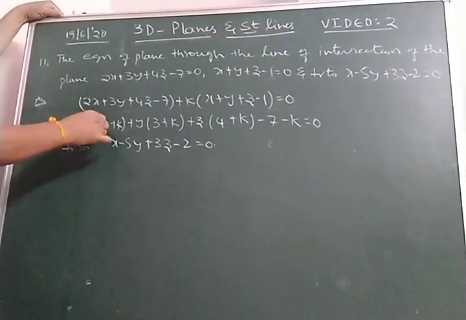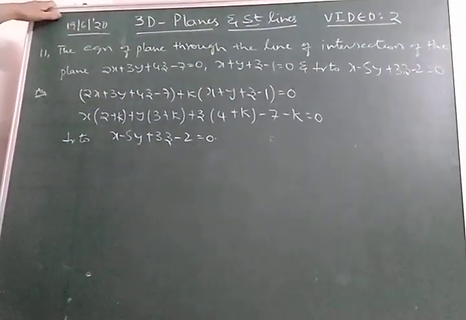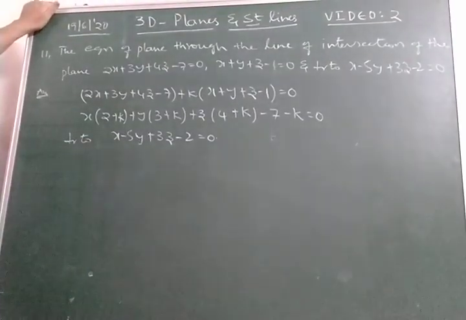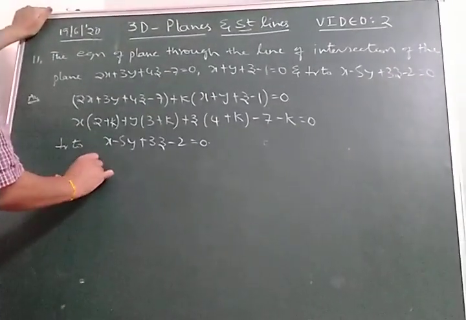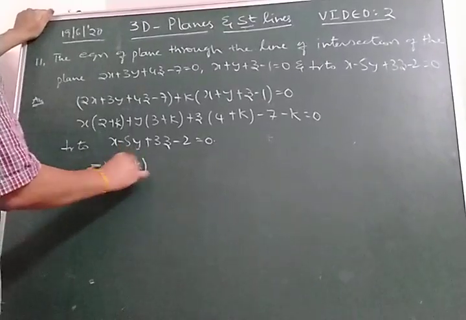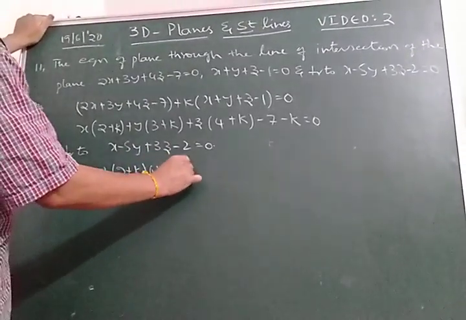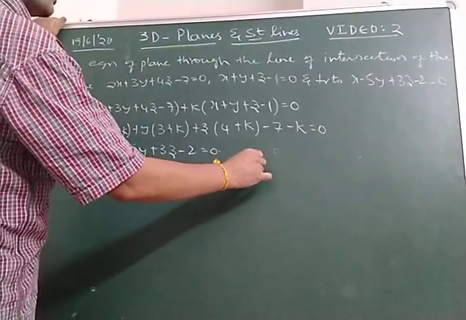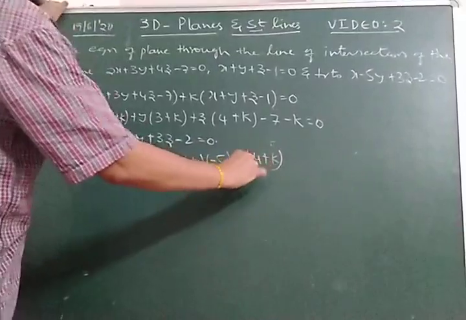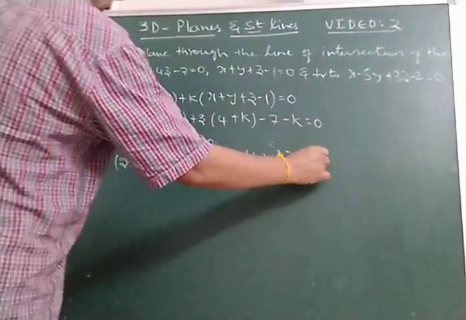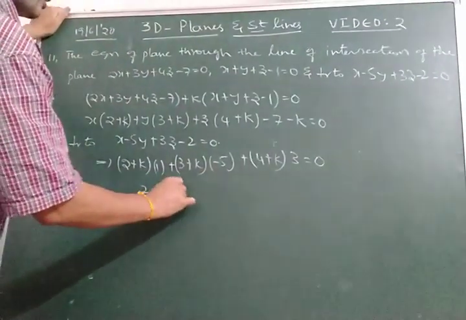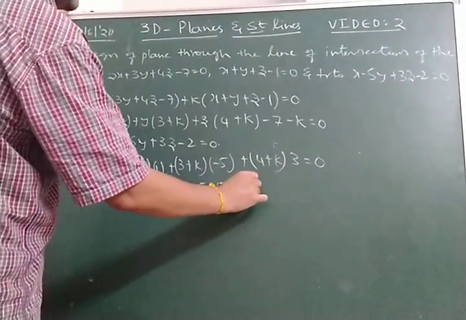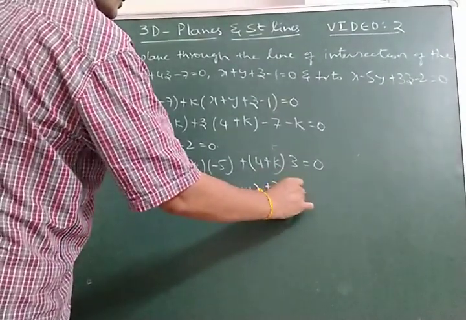That means these two planes are perpendicular to each other. So in this case the sum of the products of the direction ratios is equal to 0. So that implies (2 plus k) into 1 plus (3 plus k) into minus 5 plus (4 plus k) into 3 is equal to 0. That is 2 plus k minus 15 minus 5k plus 12 plus 3k is equal to 0.